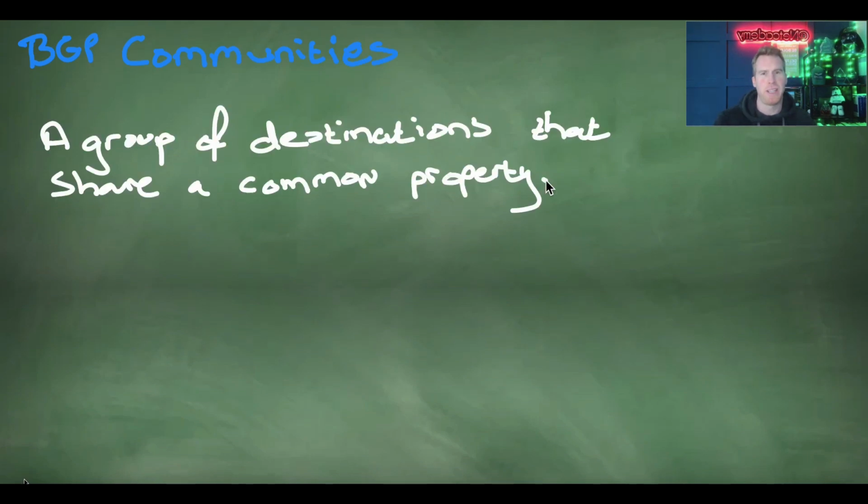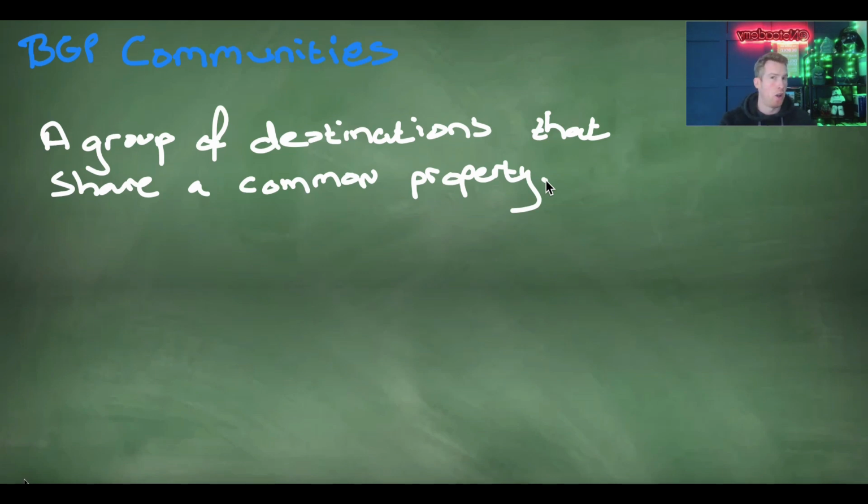So here we go. Let's get straight onto the theory. So what is a BGP community? Well, in a single sentence, if I was to summarize what a BGP community is, it would be a group of destinations that share a common property. That's basically what a community is.